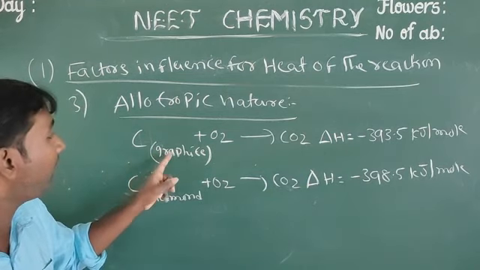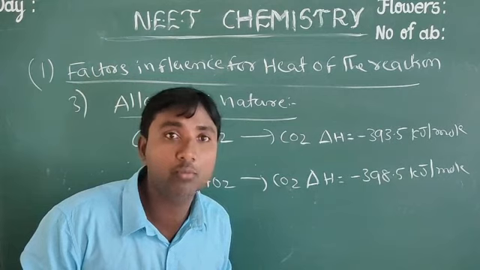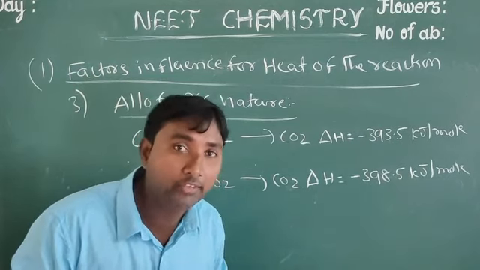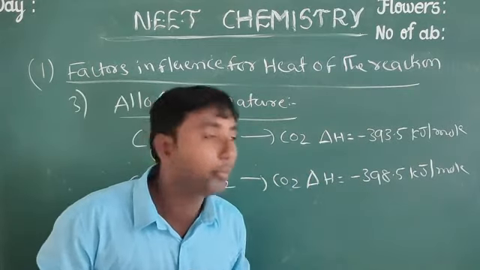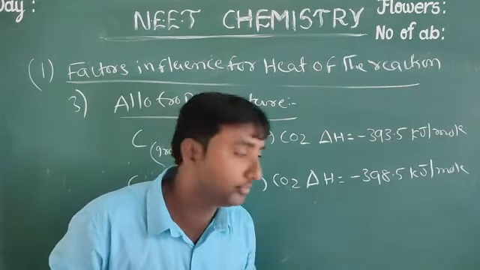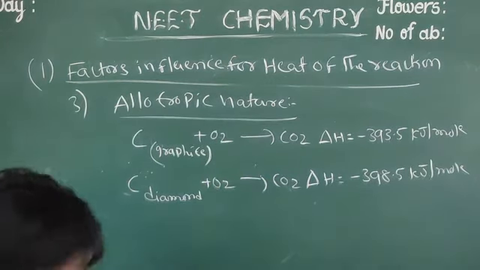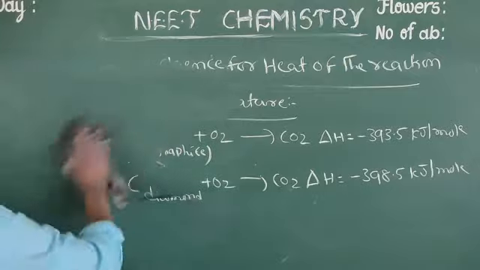Carbon in the form of graphite releases minus 393.5 kilojoules per mole of heat energy. In the form of diamond, minus 398.5 kilojoules per mole of heat energy is released. So the allotropic form also decides it.